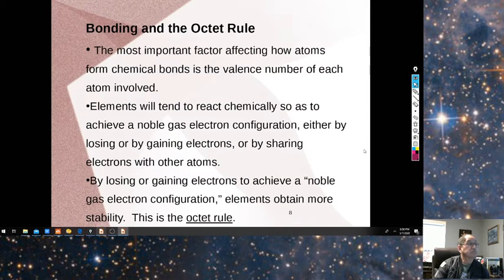Then bonds will tend to, okay, the octet rule down there at the bottom. The octet rule. Elements will tend to react chemically so as to achieve a noble gas electron configuration simply either by losing or by gaining electrons.